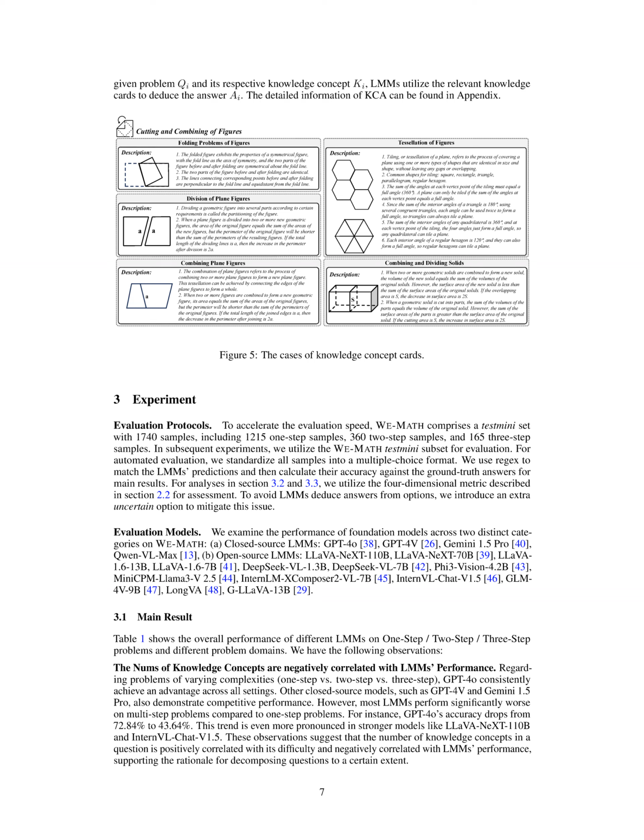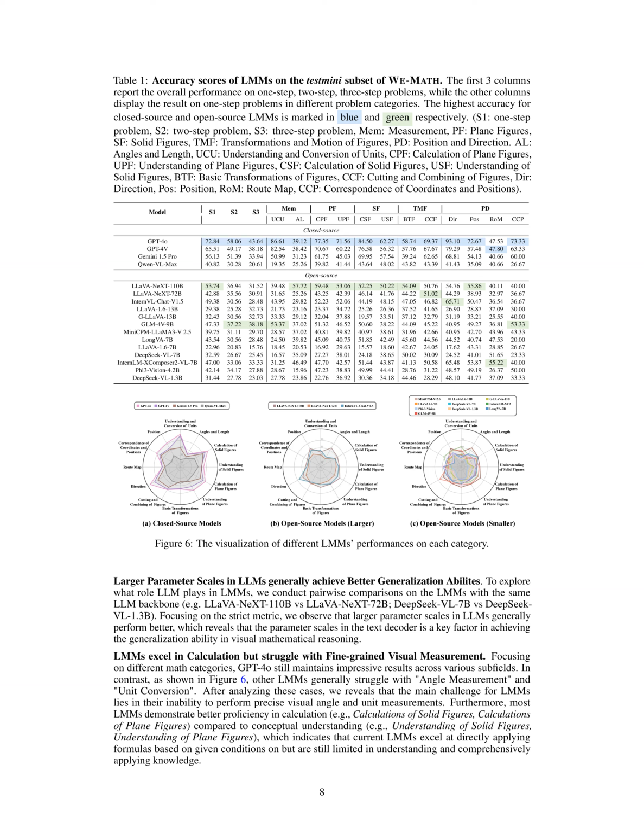GPT-4o consistently outperforms other LMMs across all settings, demonstrating an advantage in solving problems of varying complexities, one-step, two-step, three-step. 2. Closed-source models like GPT-4V and Gemini 1.5 Pro also exhibit competitive performance in visual mathematical reasoning tasks.